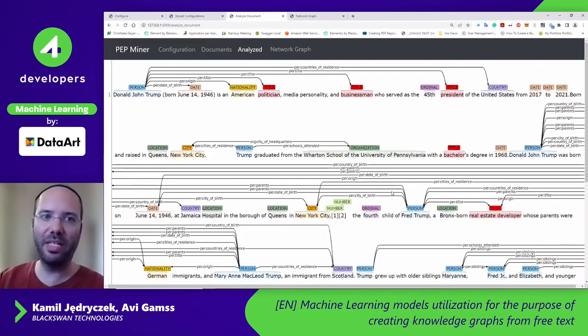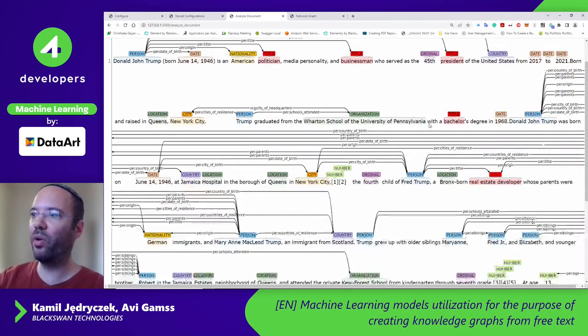This view is a bit overloaded, showing many connections and entities, but just to show you how it's extracting. We can see Donald Trump as a person connected to a person titled politician, as well as president, which we've already seen in the knowledge graph.